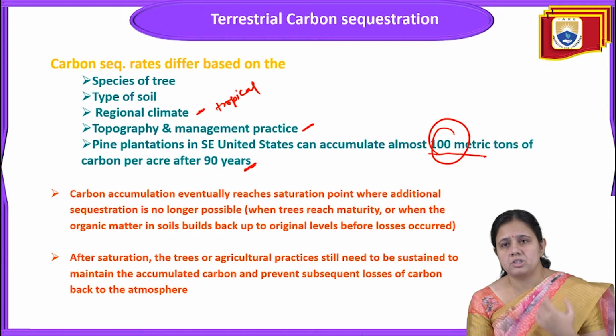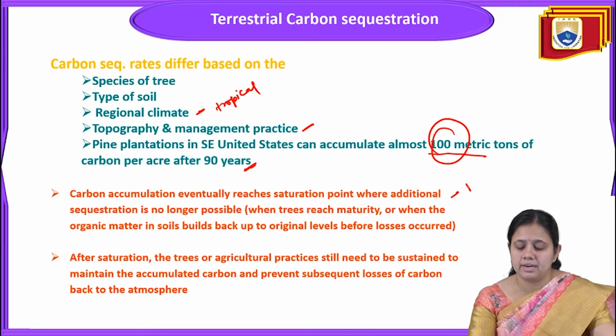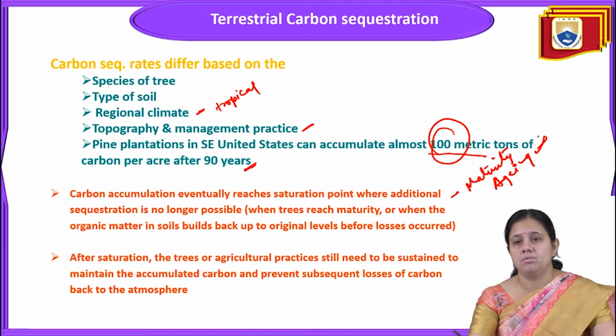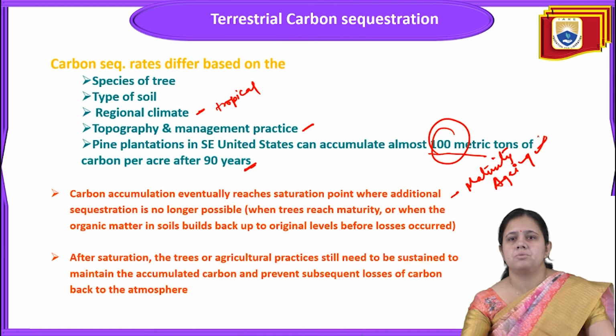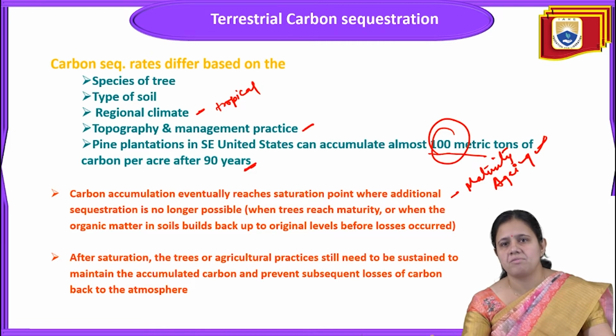When a tree reaches maturity and the organic matter in the soil builds up to its original level before losses occur, it means the tree has aged, and then it does not have that much capacity to absorb carbon dioxide. That's why the age of the tree is important, the type of soil is important, and the species of tree is important. So what will happen after saturation?